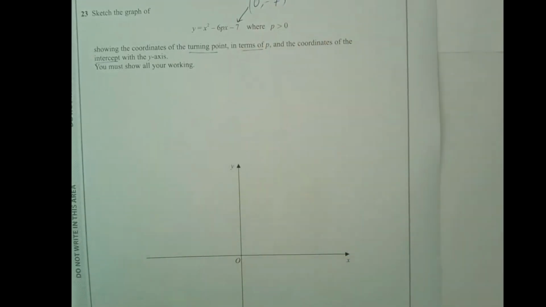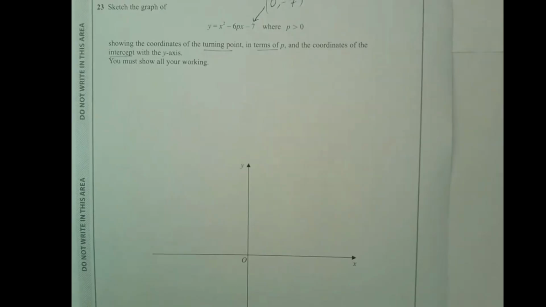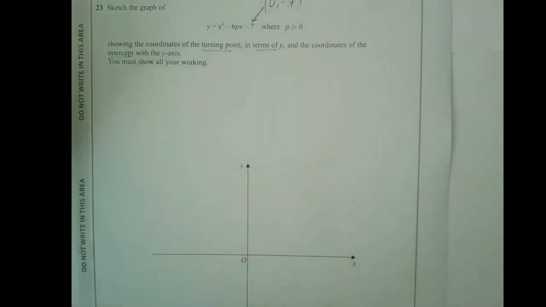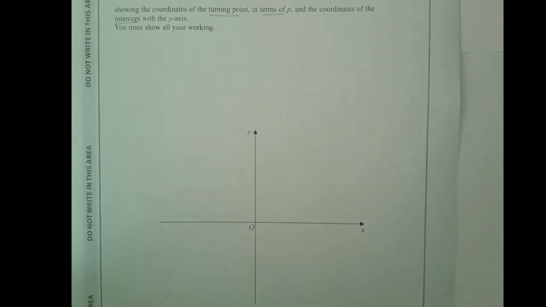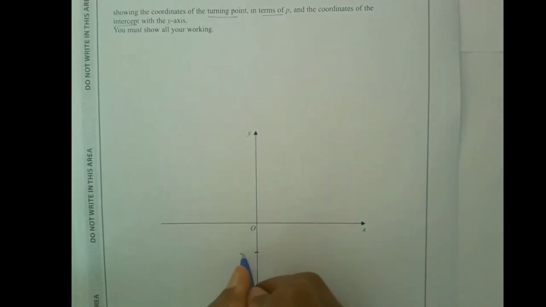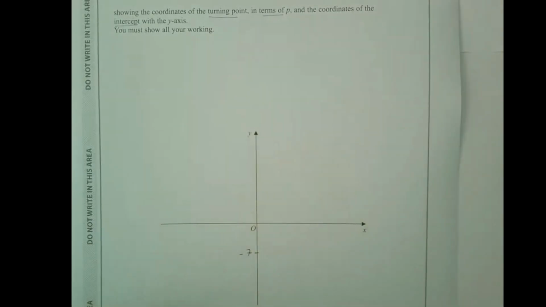So we can have on our graph here 0, minus 7. So I can put here minus 7. That's where my quadratic will go through.